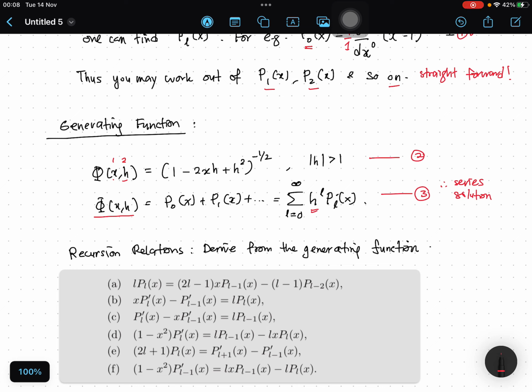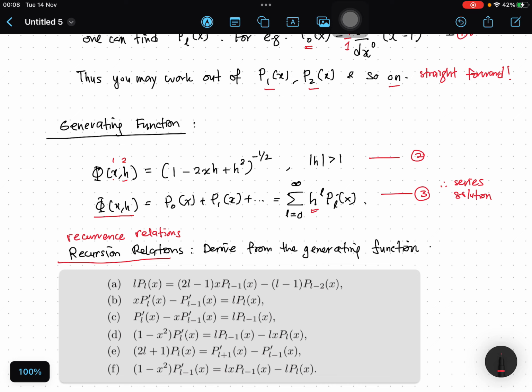A new term that you will learn is recursion relations, or equivalently, recurrence relations. Okay, either recursions or recurrence.